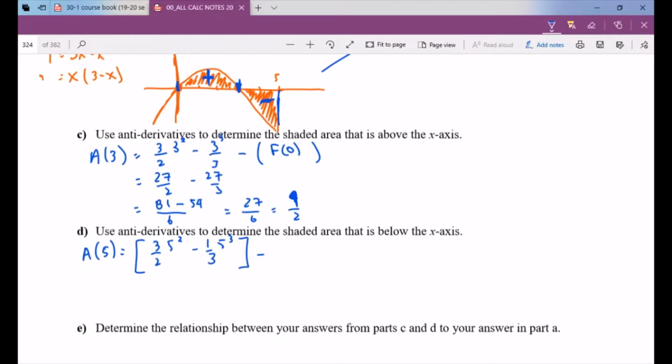Then we subtract the antiderivative at 3, which is 3/2 times 3 squared minus 1/3 times 3 cubed, which we've actually already calculated. All of this together ends up being 75/2 minus 125/3. We're going to subtract this part, which we've just calculated above, which is 9/2.